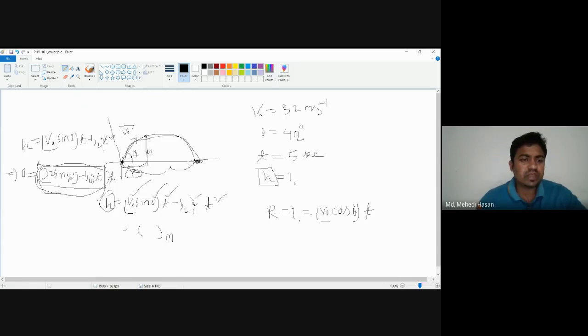From that equation you can easily find t, using g as 9.8. Then if you put the value of t in the range equation, you can easily find the horizontal length.